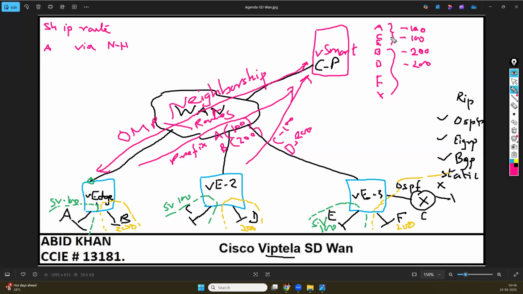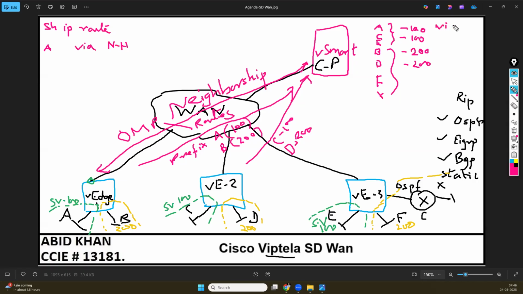So now, once vSmart has collected all these routes, all the managers have passed down their routes, their prefixes, to vSmart, now vSmart knows all the routes. But how will vSmart come to know that A and B belong to VPN 1? What will be the next hop? So here also we have via.